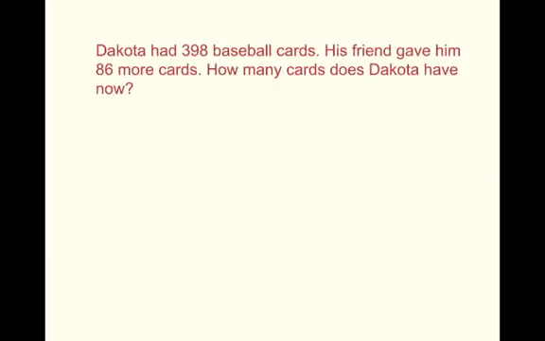Okay, Dakota had 398 baseball cards. His friend gave him 86 more cards. How many cards does Dakota have now? So I'm going to do an addition number line. So 398 plus 86 equals n.